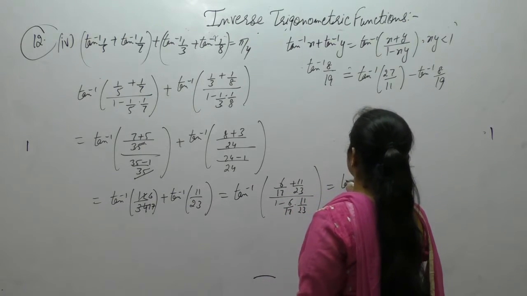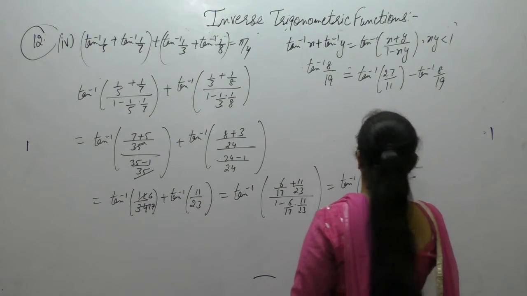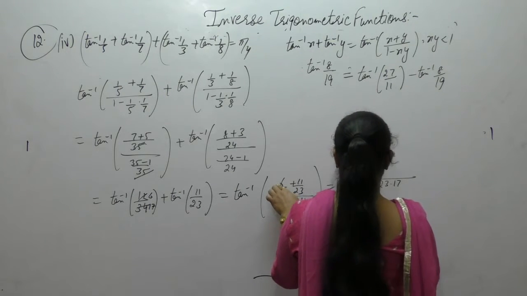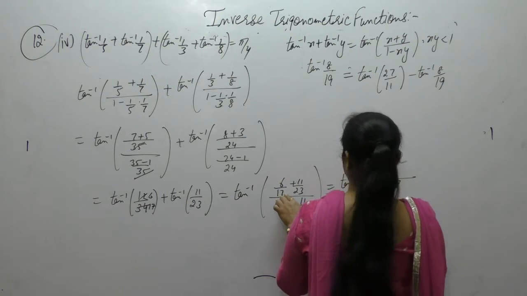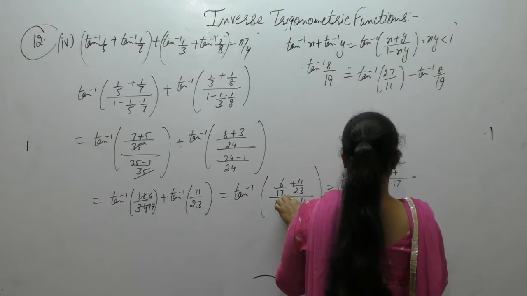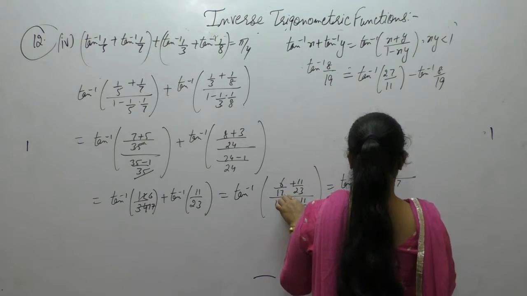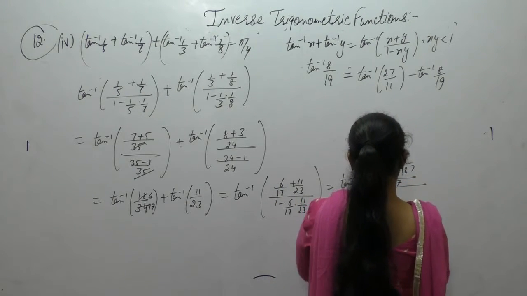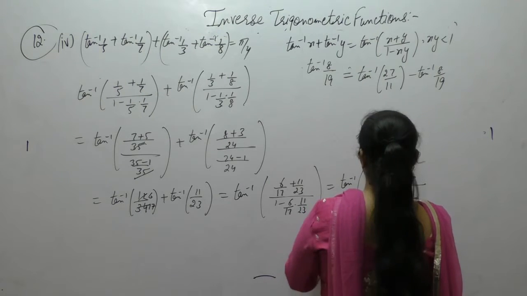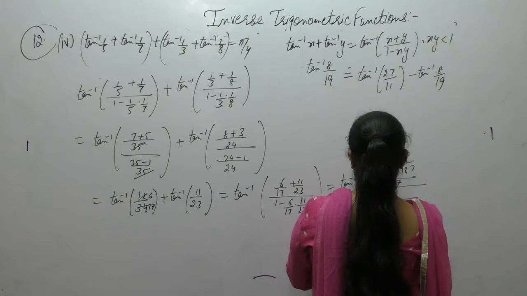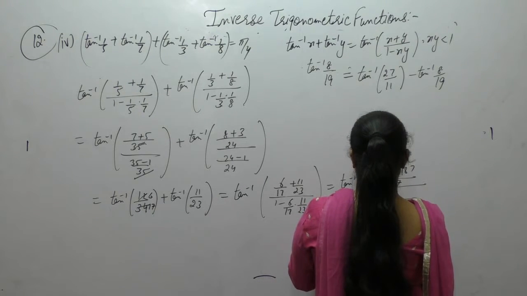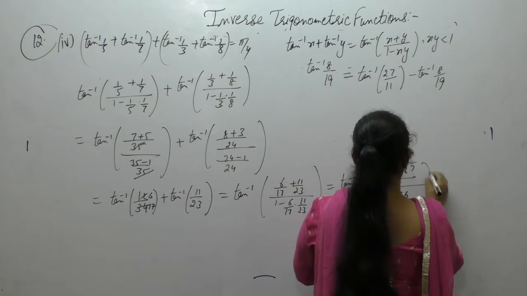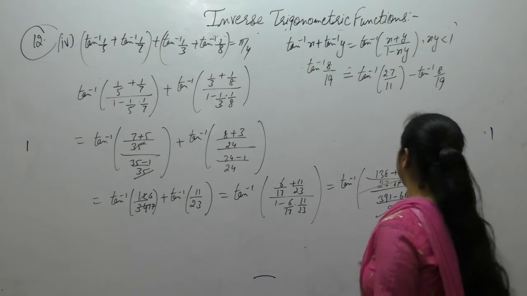So tan inverse 23 into 17, 23 into 6 plus 11 into 17 upon 23 into 17, 11 into 6. 23 into 17 will get cancelled.